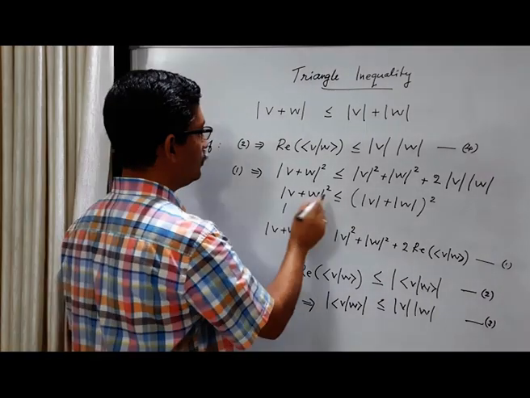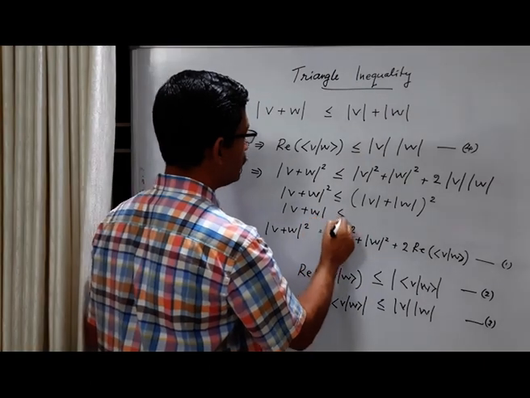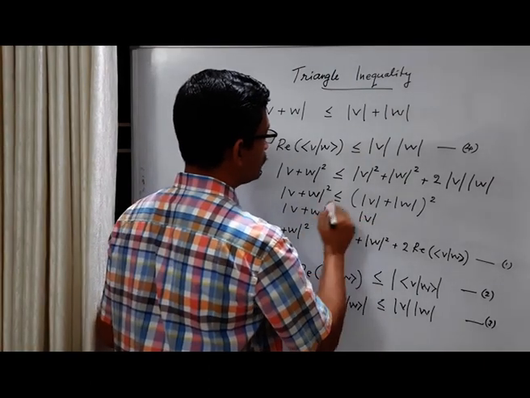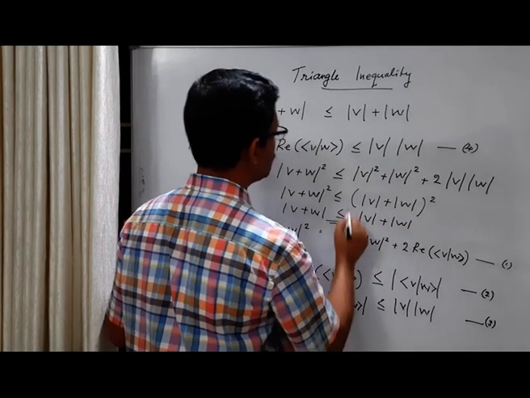Okay, so taking the square root on both sides, norm of V plus W is less than or equal to sum of norm V plus norm W. This is the proof.